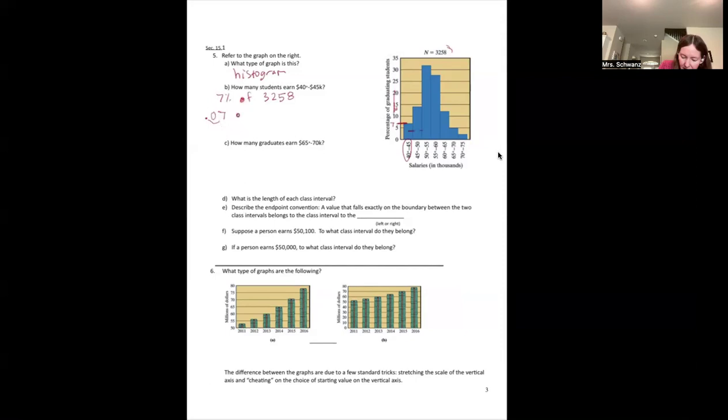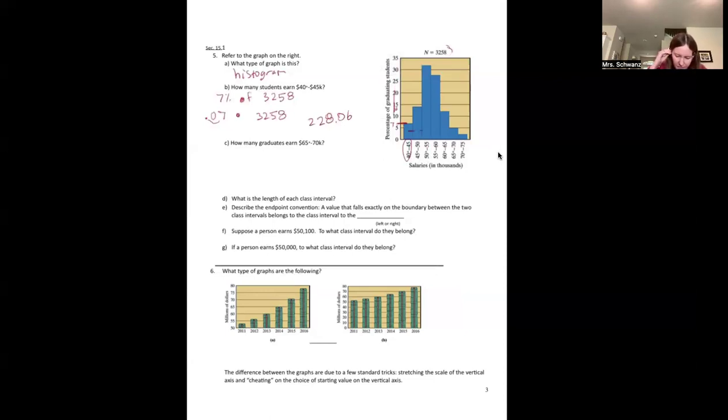And then you're going to multiply it by 3,258. So 0.07 times 3,258 equals 228.06.